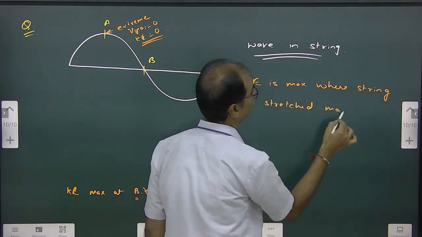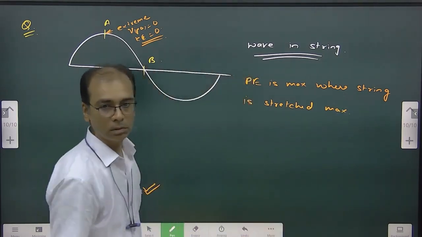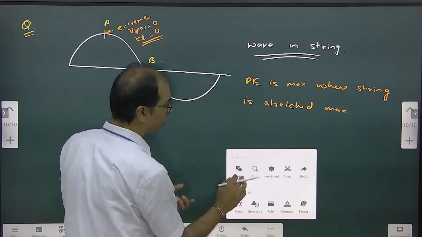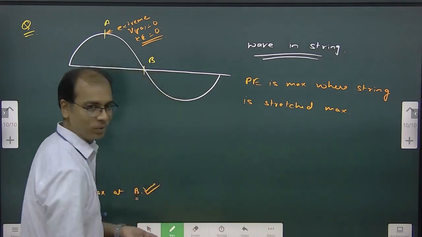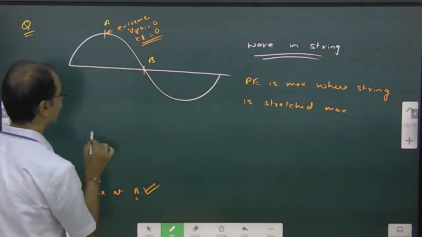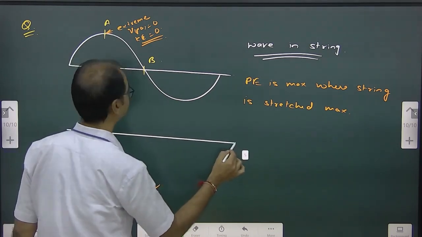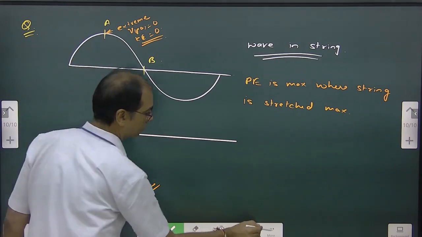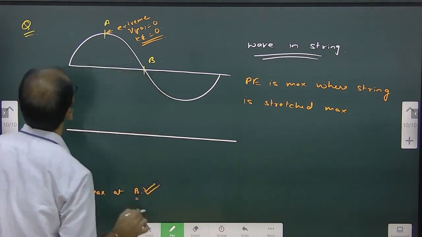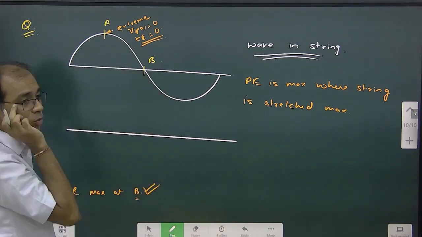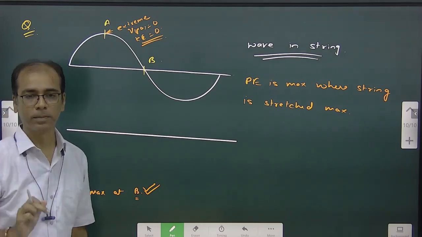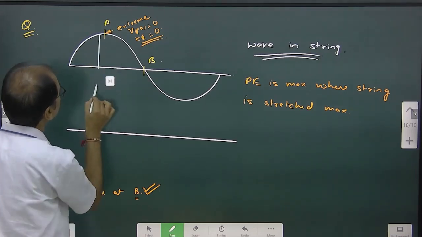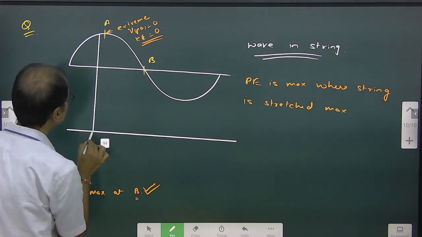Now question is, how do I find the stretch? See how we are going to find. Suppose at point A and point B, 2 points only we have for comparison. So suppose here I am taking one small distance.